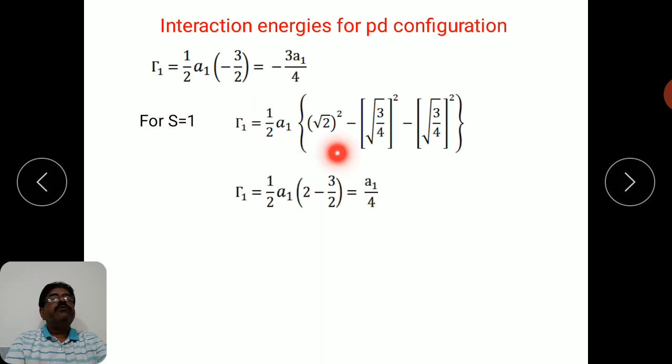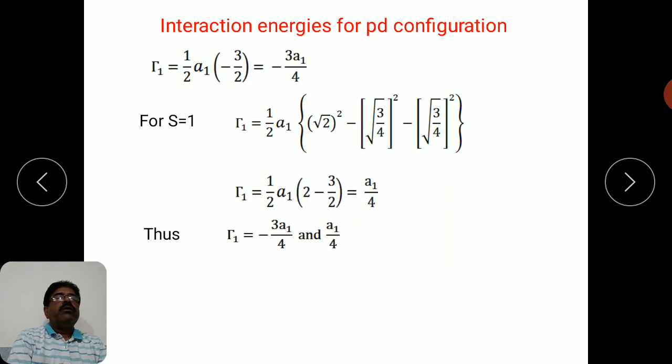If you substitute these values, this is 3 by 4, this is 3 by 4, and this is 2. Then you will find that this gamma 1 will come as A1 by 4. So 1/2 A1 into 2 minus 3 by 2, you are just considering this particular relation here, and therefore gamma 1 is equal to A1 by 4.